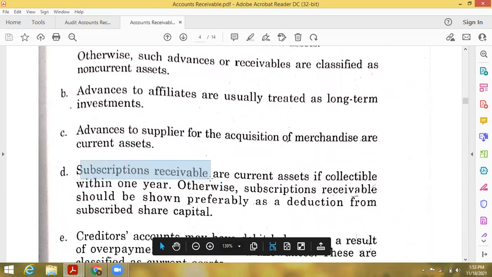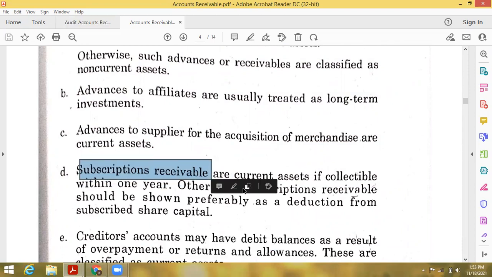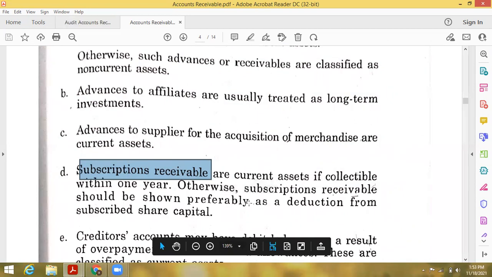Subscription receivable arises when you issue stocks. When you issue stocks, whoever wants to buy our stock must subscribe. If they subscribed and have not yet paid, that is called subscription receivable. If it can be collected within 1 year, we can classify it as current, or if it's more than 1 year, the subscription receivable should be shown as a deduction from subscribed share capital.